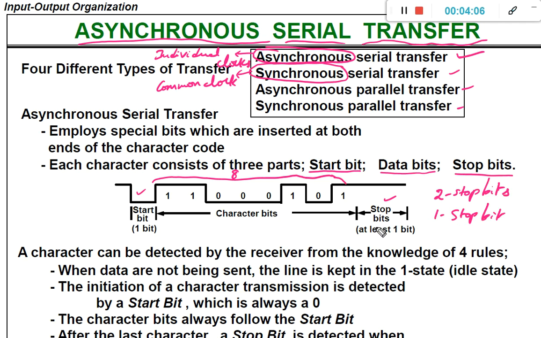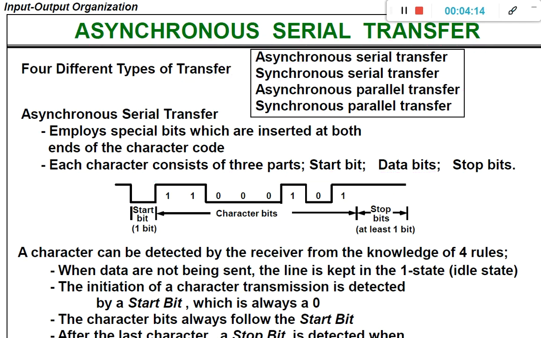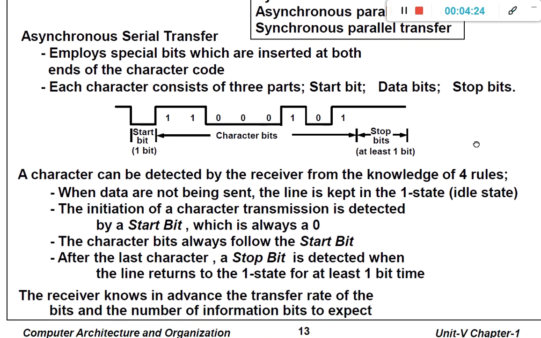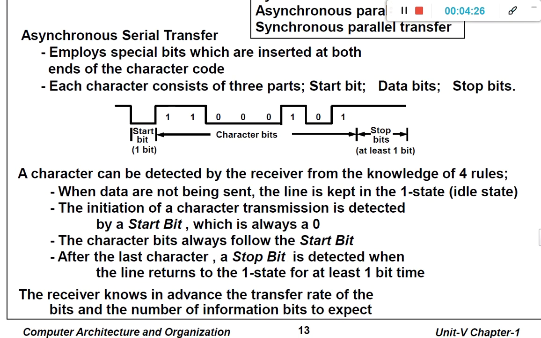As far as the character being transmitted, a character can be detected by the receiver from the knowledge of four rules. What are these four rules? Let us see them. Rule number 1: when data are not being sent, the line is kept in the one state.